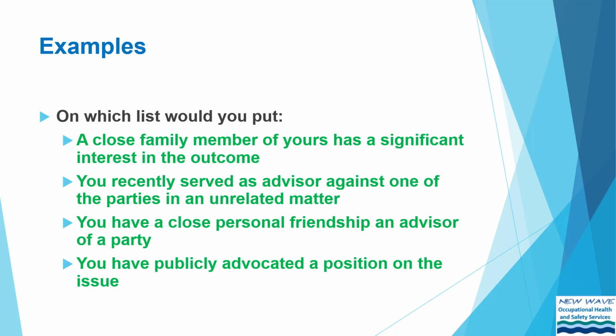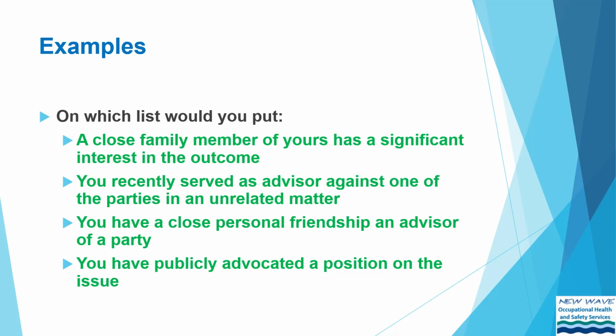Let's try some examples. Where would you put each of these? One of the red lists, orange, or green? Say a close family member of yours has a significant interest in the outcome of the issue you're deciding. Where would that go? Or you recently served as an advisor against one of the parties, but in an unrelated matter.